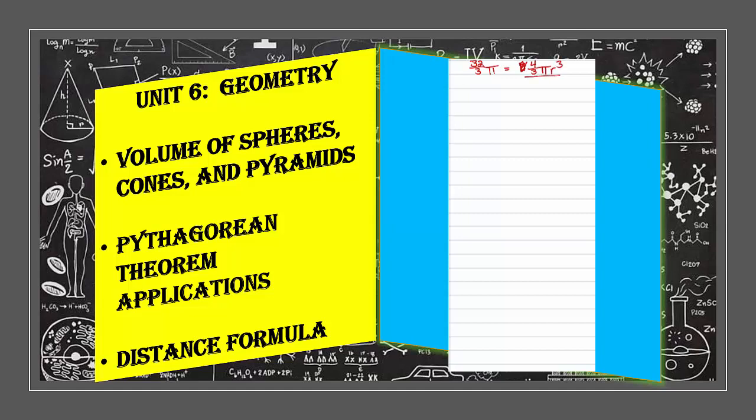So again, we will divide by pi on both sides. 32 over 3 is equal to 4/3 r cubed, and we will multiply by the reciprocal of that fraction to clear it out to both sides of the equation.